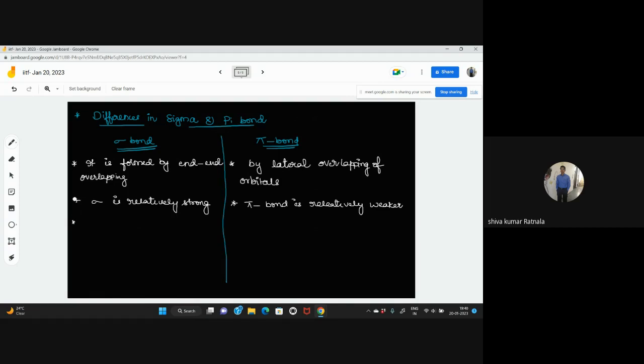Next, there can be free rotation along the sigma bond.